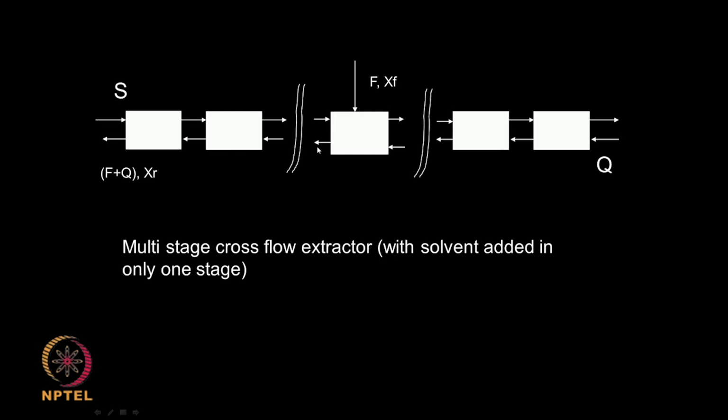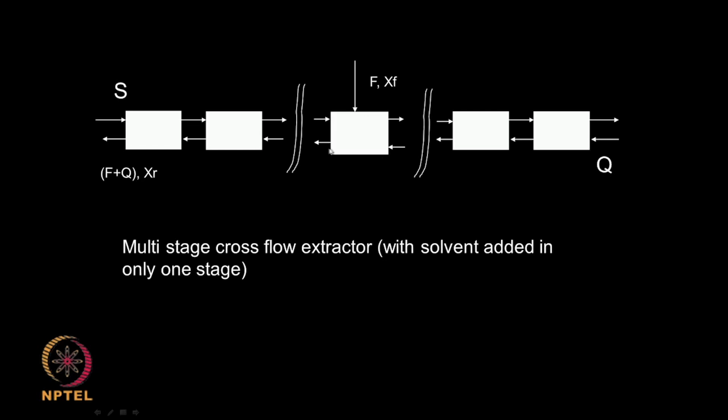After this the quantity increases to F plus Q, because the feed is coming with a flow rate of F and you have another stream of heavy, the Q. Q does not contain any solute, so please note that is why we have not put any term here.